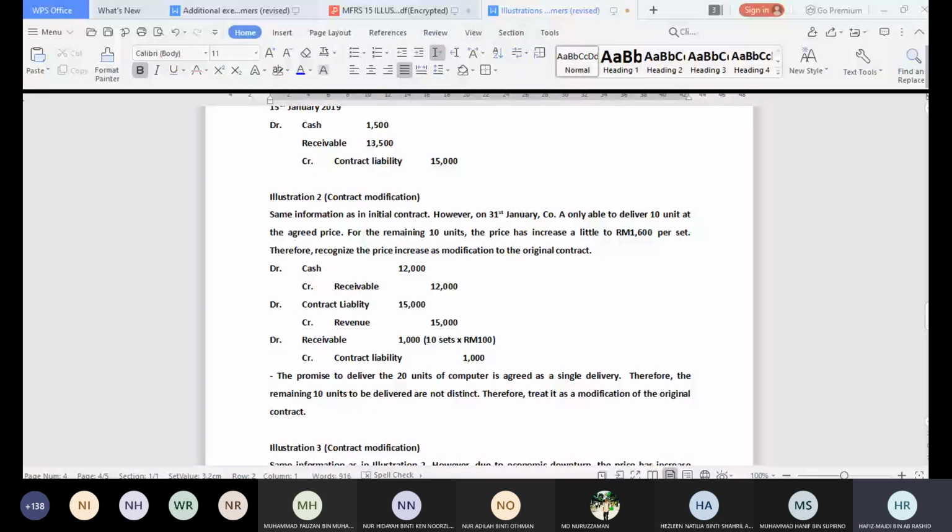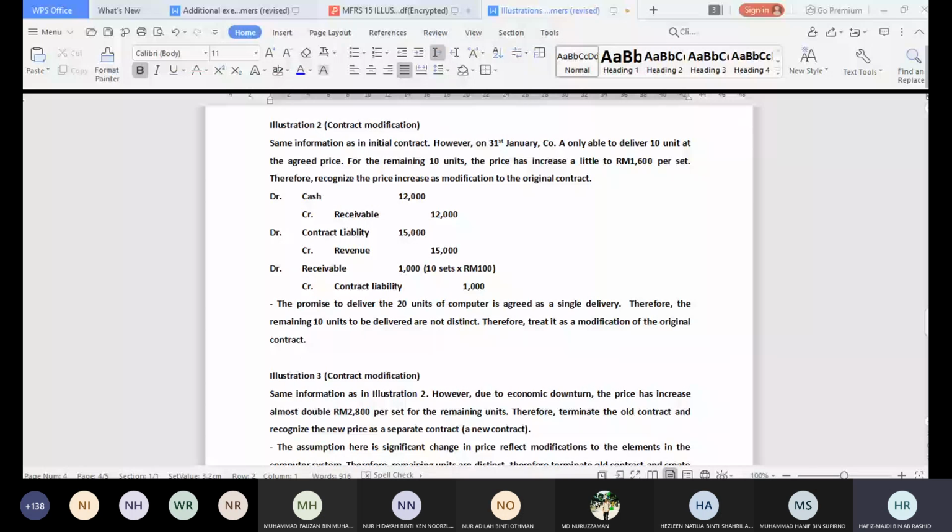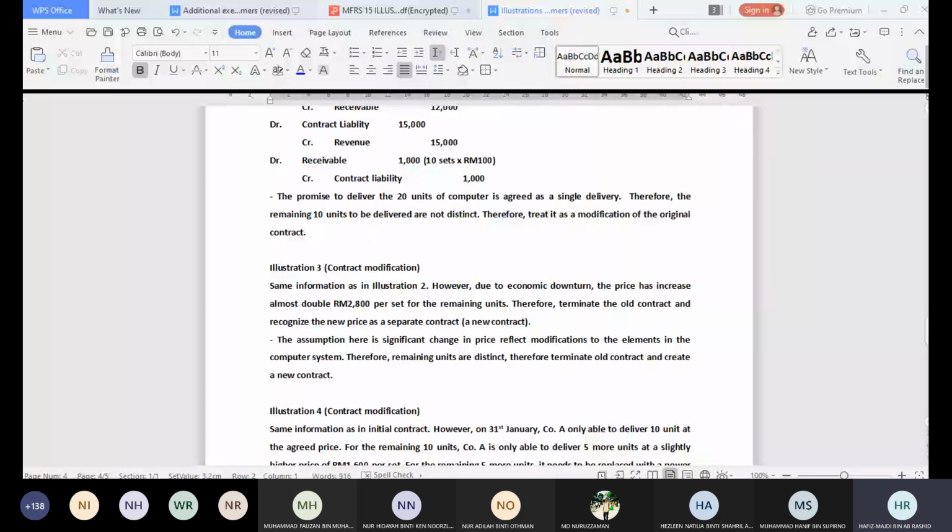I think this one is still okay, but I think what the sister has just raised might be this one. This looks very similar. So of course here I think it is a bit blur, might not be too clear, because illustration 2 and illustration 3 look very similar.